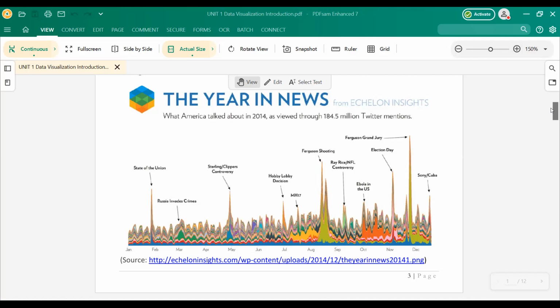Now, if you have to explain the same logic in text, okay, one, it's going to take a lot of effort and a lot of pages. Now this fits in a third of a page, correct? But you have to talk about each topic first, then talk about the days on which it was tweeted, right?